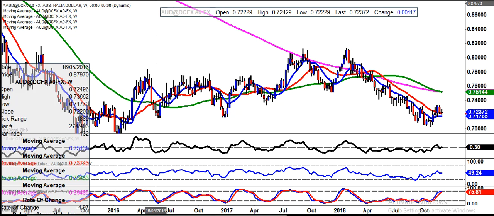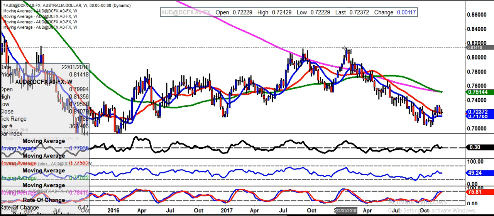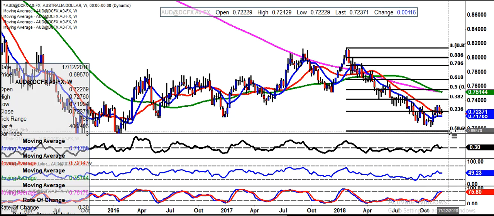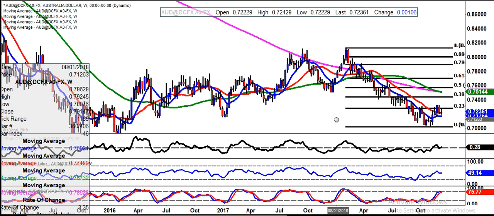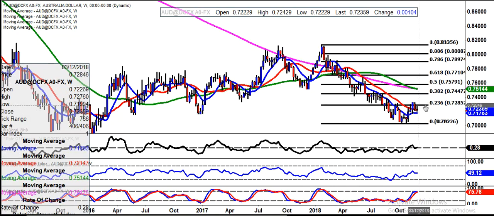Now, if we take a look at the Aussie and have a look at the fibs on the weekly chart, and I'm going to take this one to this one. You can see for 2 weeks we poked our little head above that 23.6, but down we come.